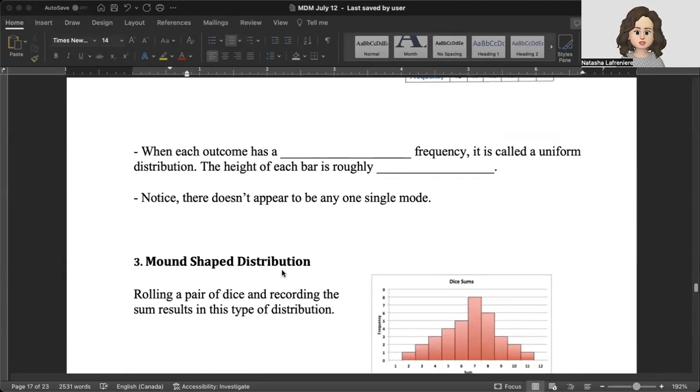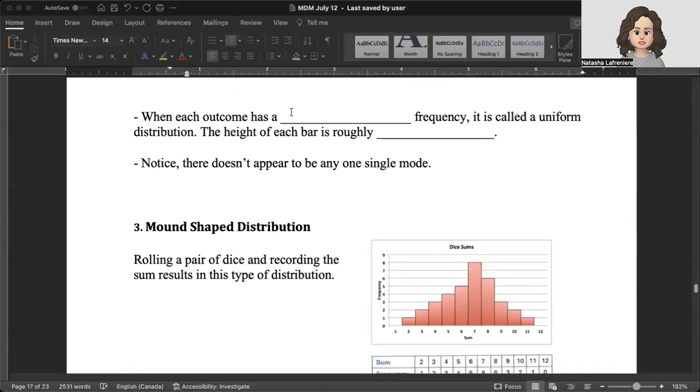So when each outcome has a similar frequency, it is called uniform distribution. The height of the bars is roughly equal. So it's not the same, it's not a full line across, but they're pretty darn close. And notice there doesn't appear to be any one single mode. So mode being your peak, right?